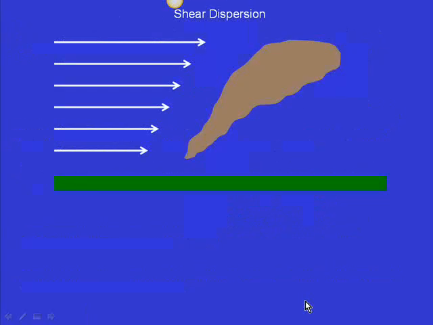Schematically, you can look at it this way: a blob of salt will be dispersed by a sheared flow like that. If this is the vertical axis and this is the horizontal axis, and the flow is sheared like that, like any Couette flow, then there will be more dispersion of the salt in these upper layers where the flow is strongest.